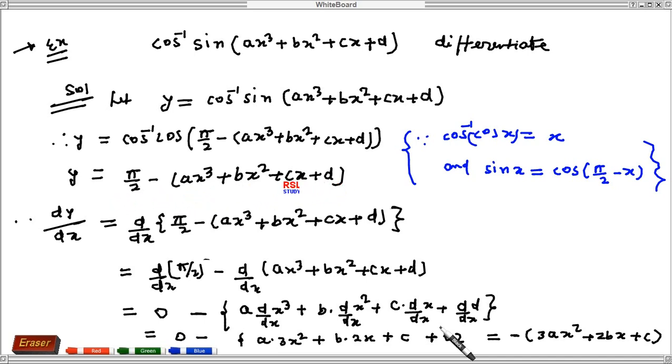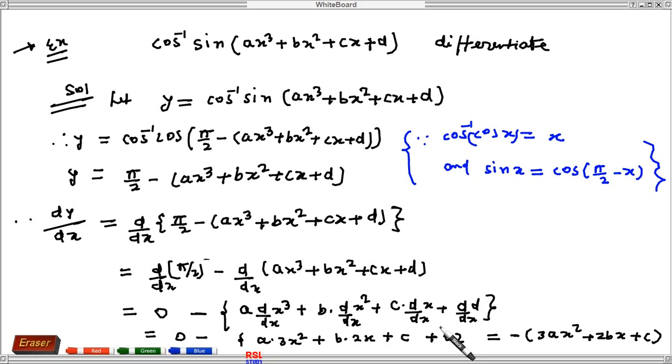And now we will differentiate this expression with respect to x, because this expression is in terms of x. So differentiating with respect to x, this will become 0, and this will come as 3ax square plus 2bx plus c. Just see it, a will come out, b will come out, c will come out, and d is constant, so 0. So this is 1, this is 2x, this is 3x square.